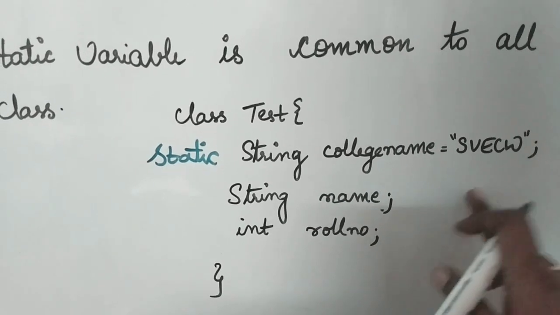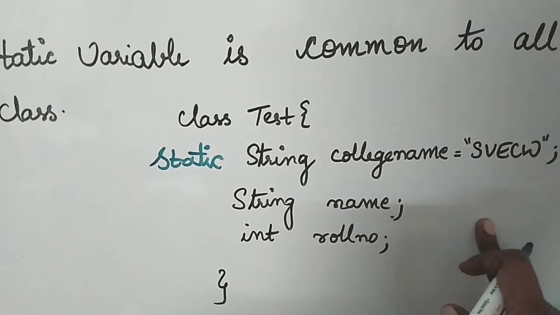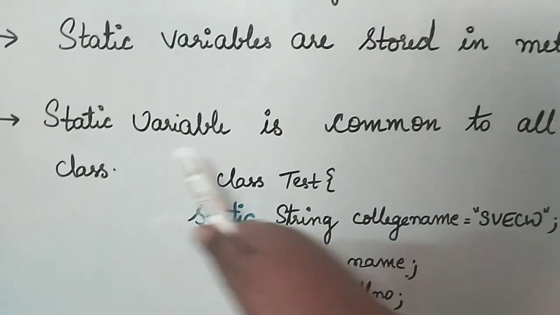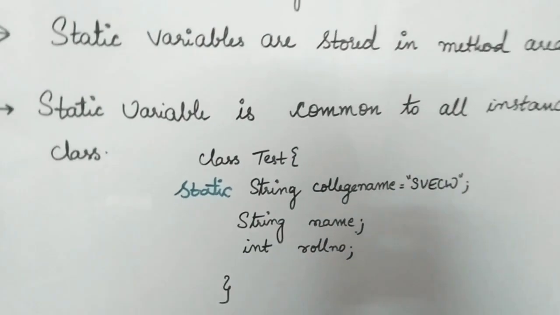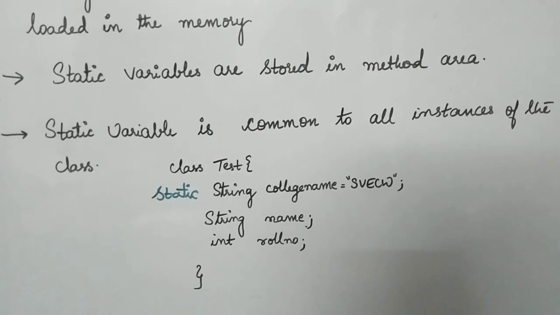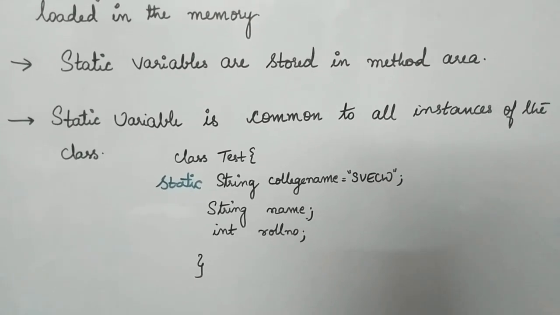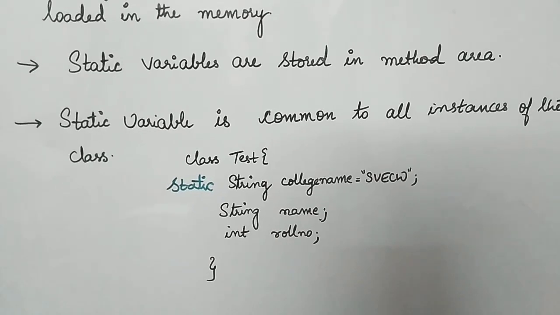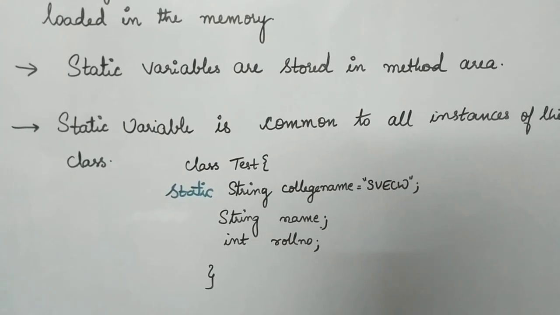College name should become static, because these are class level variables, and I said a static variable is common to all instances of the class. So we should be making a variable static when you feel that the variable will be common to all the instances. In this case, string name and int roll number should not be static because they are independent of each and every object.